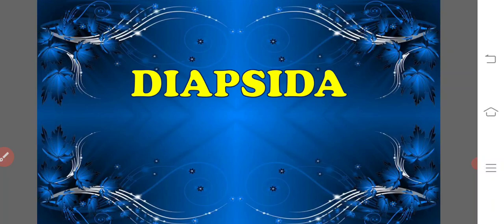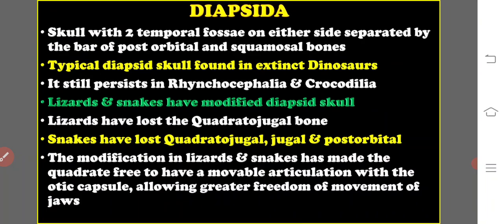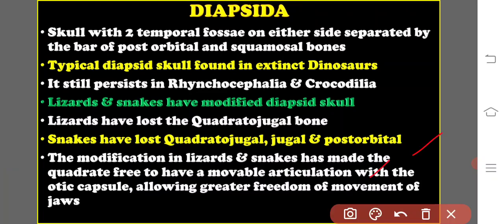Then the Diapsida type of skull, with two temporal fossae on either side, separated by a bar of postorbital and squamosal bones. So that is, the postorbital bone and the squamosal bone separate the two temporal fossae on either side.